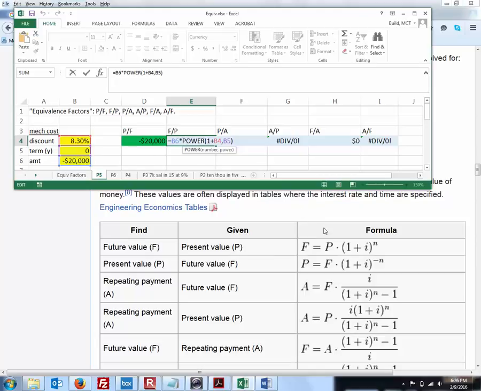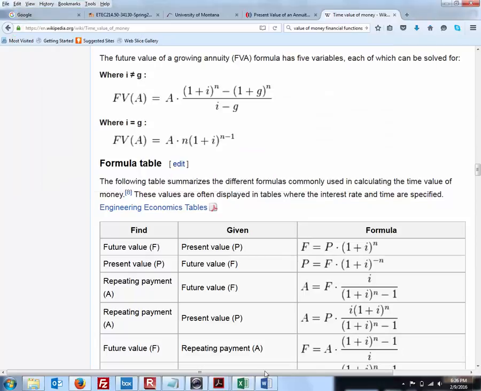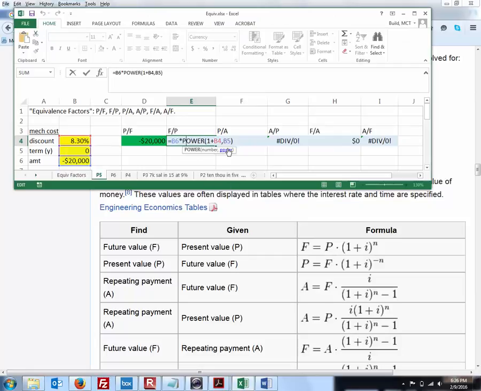There's your power. And this whole thing right here is power. So 1 plus the interest rate to the term power. Come down here to, if you want the annuity as a function of the future value, that's what this one is.